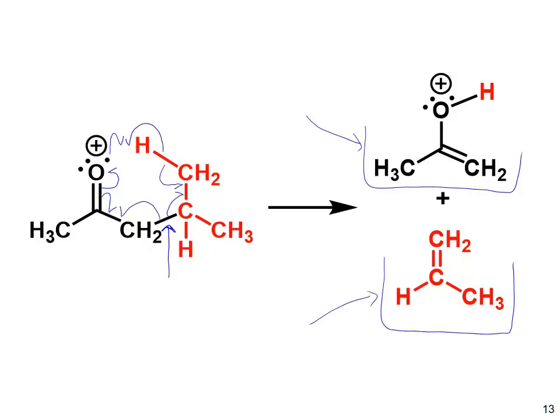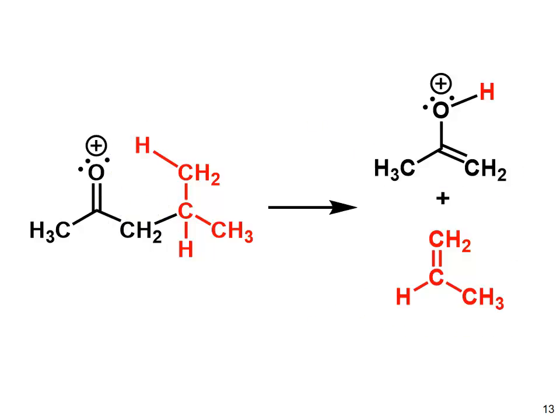Now, perhaps what's most difficult to figure out at first is what's going on with the oxygen in this reaction. It's actually quite straightforward when you look at the overall transformation. The oxygen starts with a lone pair, it starts with a positive charge, and it starts with a lone electron. The positive charge is not involved at all when you drew the mechanism earlier, so it's still present at the very end.